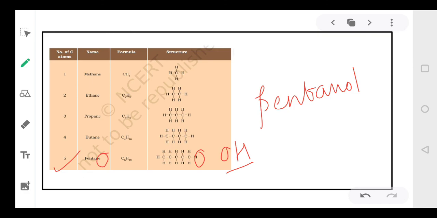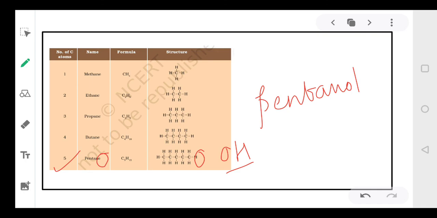So we have talked about two functional groups today: one is alcohols and the second is halogens. I hope this is clear to everyone. You will make both these tables in your notebook, complete with all formulas.